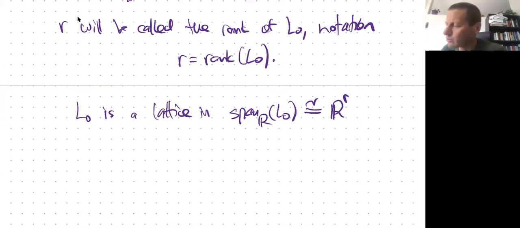the L2 norm, or the L2 inner product restricted to this span. So what do I mean by that?